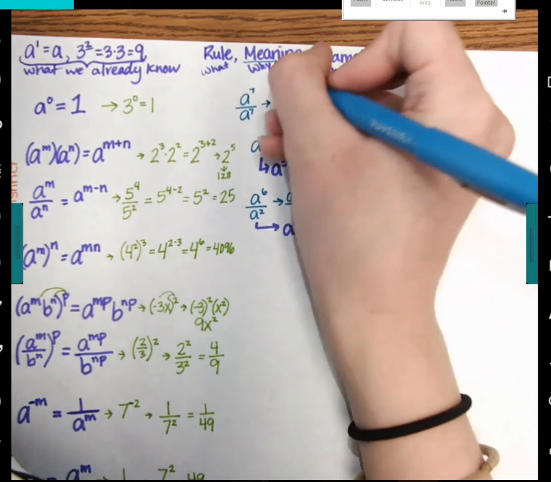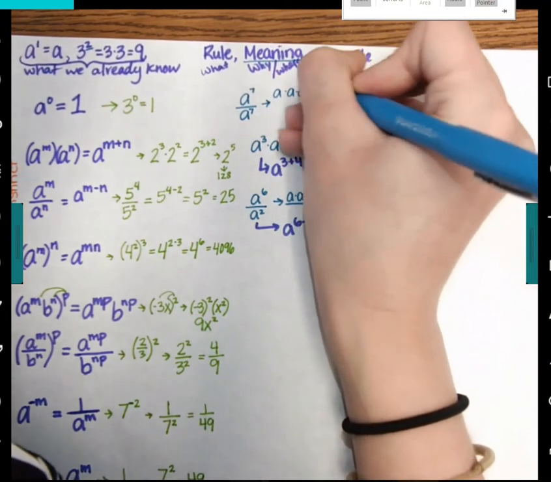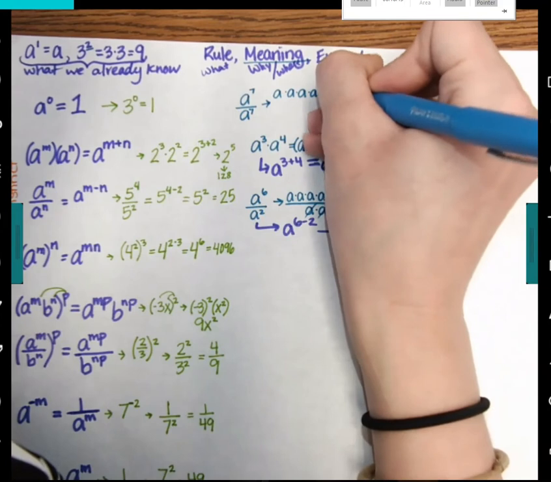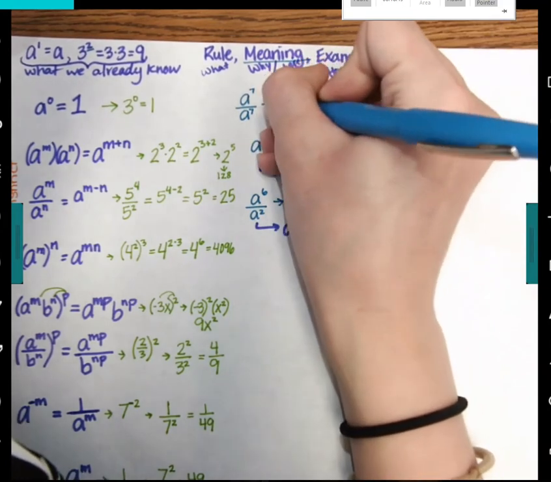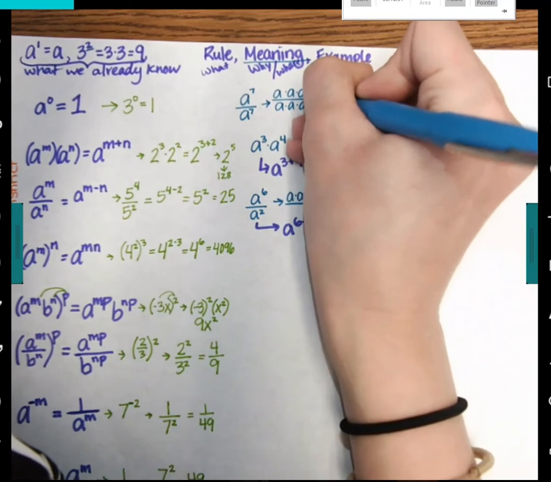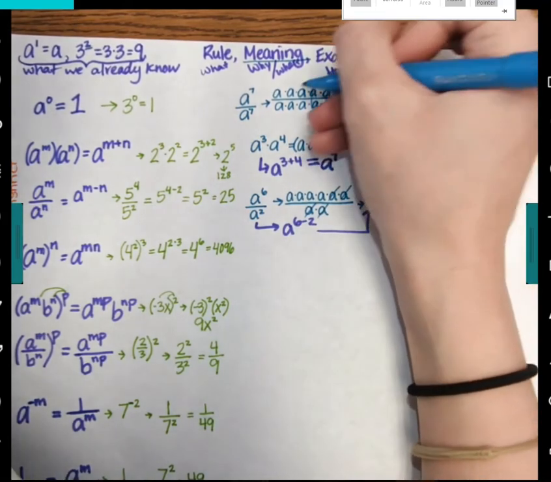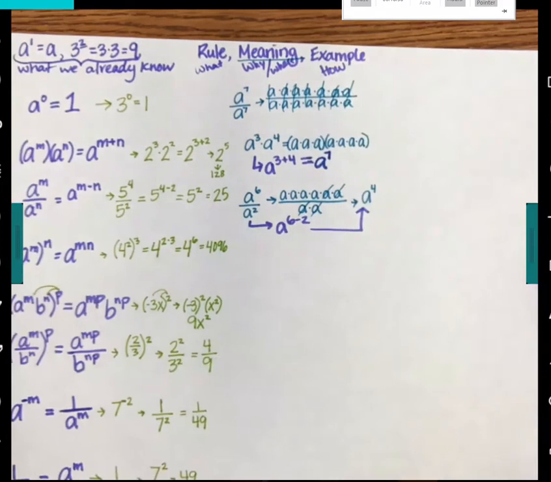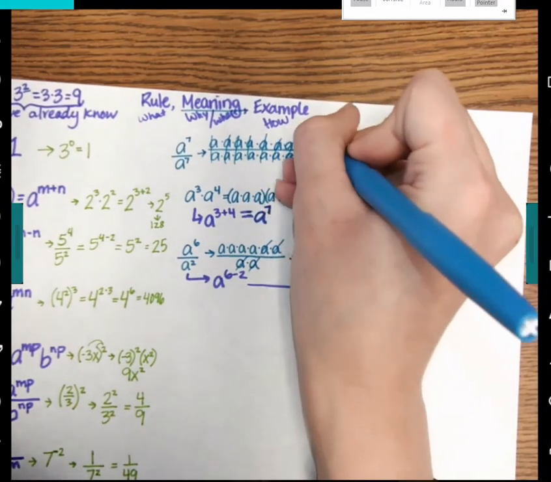So that's 1, 2, 3, 4, 5, 6, 7 over 1, 2, 3, 4, 5, 6, 7. Since they're the same number, they all cancel with each other, which just leaves us 1.